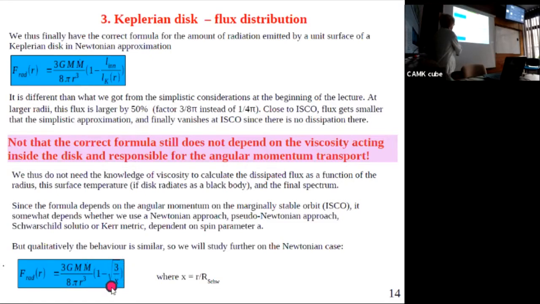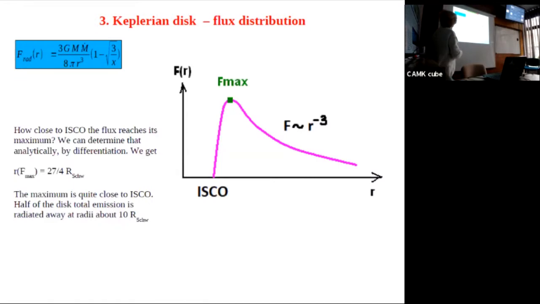So this part here is quite important, because you see that this flux is equal to 0 at ISCO. And this is what we actually expected, because there is no viscosity acting at ISCO. So this is how the distribution looks like if we plot symbolically this flux as a function of radius. It falls down as r to -3, but it reaches a maximum somewhere and then goes down at ISCO.